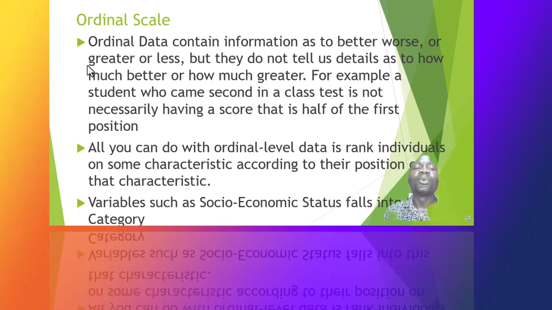For example, if we have students in a class and they are assigned positions after a test, somebody could have been first, another one second. You may not know the difference in their scores.